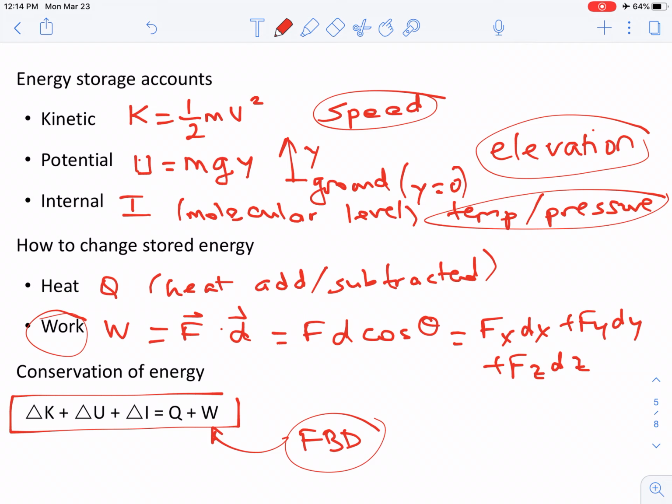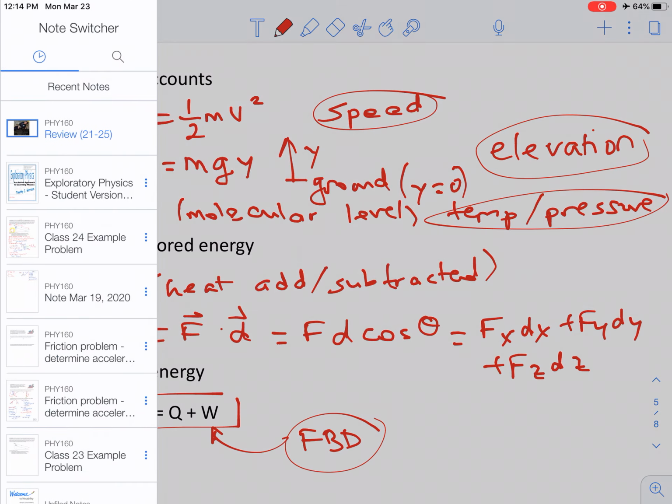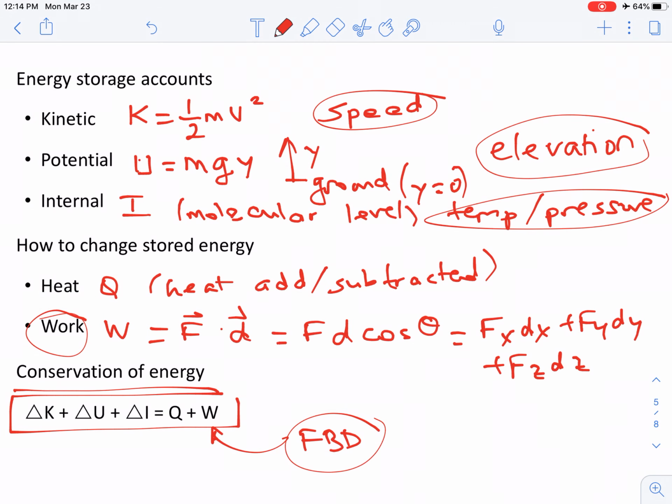The thing is, when you apply conservation of energy and you are using this equation, you have 2 choices. Okay, and this is very important. This is different than Wiley, and you really need to understand this. Hopefully this is going to help when I say it here in this video, and I try to explain it in the example problems as well.